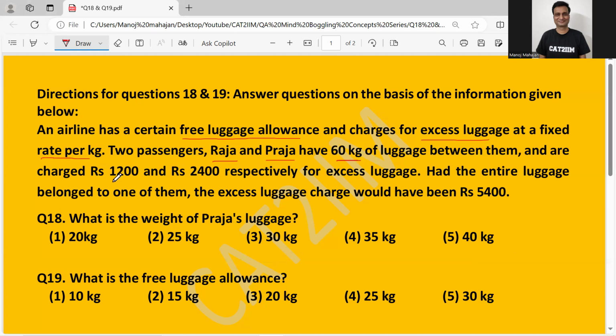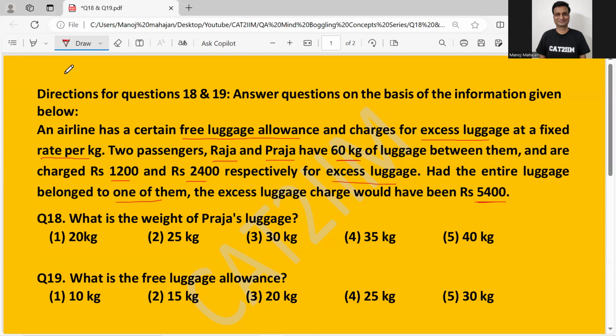They are charged 1200 and 2400 respectively for excess luggage. Now they are saying that had the entire luggage belonged to one of them, then the excess luggage charge would have been rupees 5400. So we are going to look at two methods.